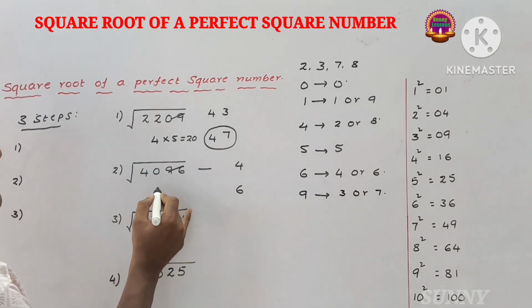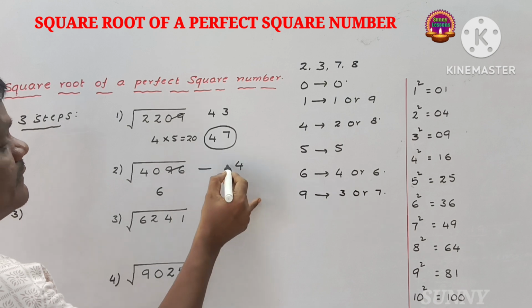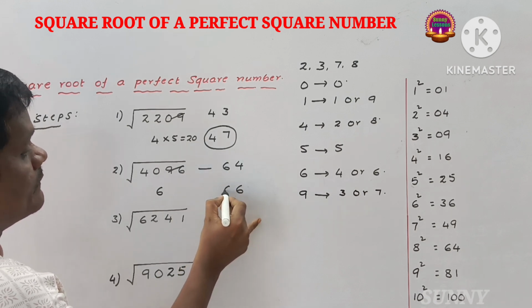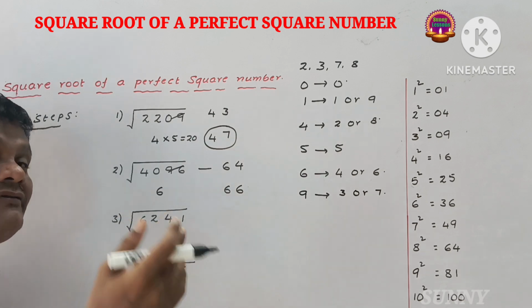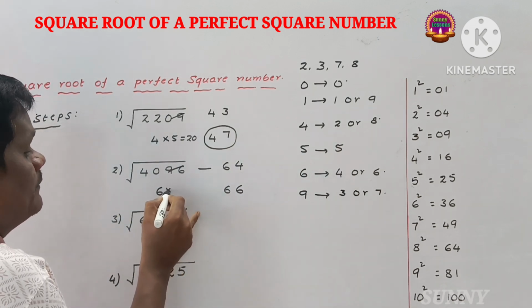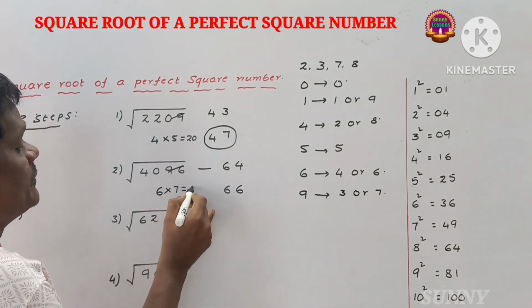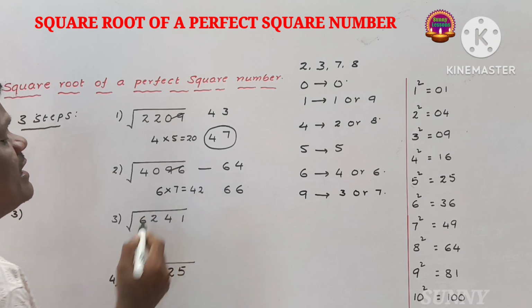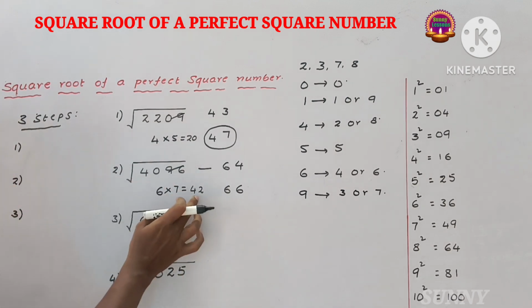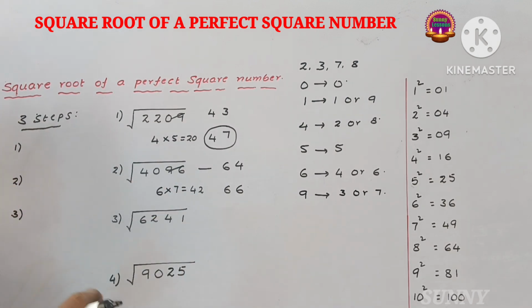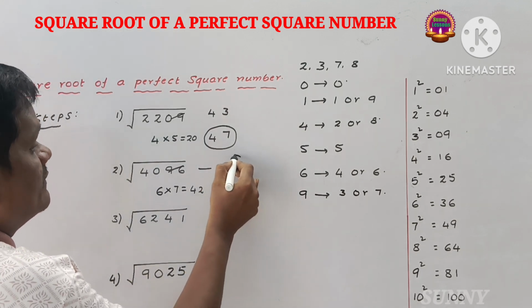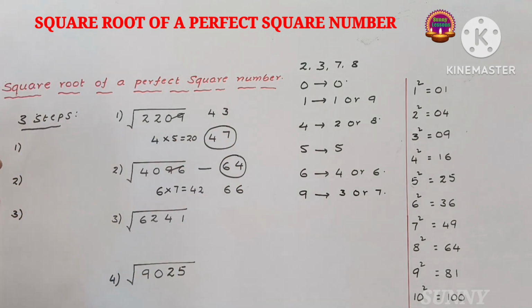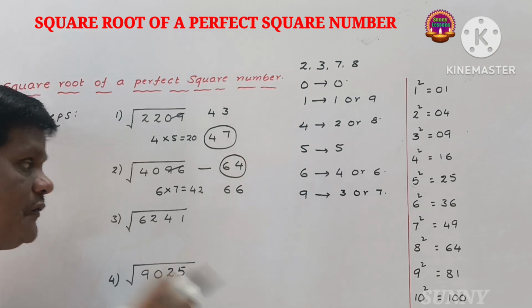That is 36, which means 6 square. The third step: 6 and the number immediately after it, 7. Product of them is 42. Here 40 is less than 42. So the smaller number is our answer, 64.